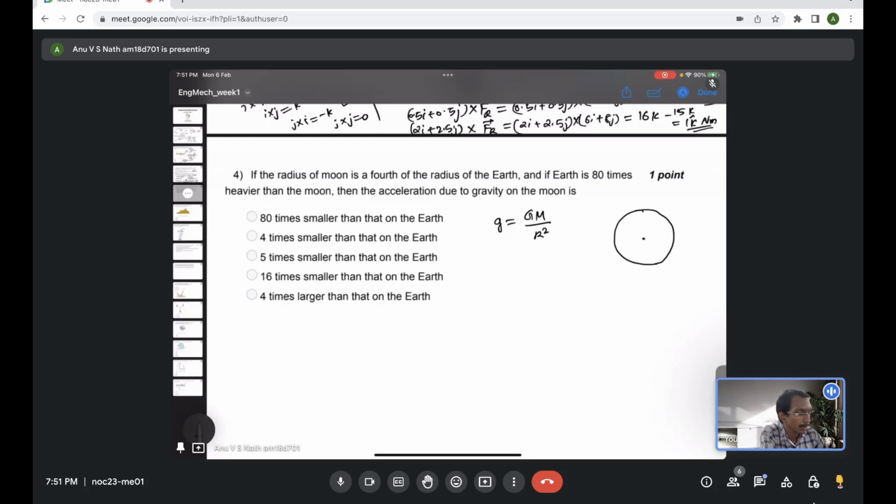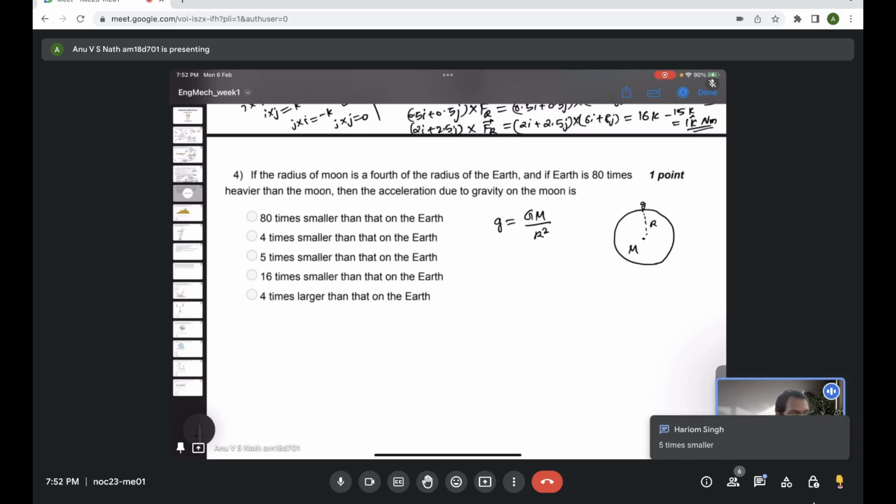On the surface of the planet, the gravitational field, let it be g, and the radius of the planet is R, and the mass of the planet is m. Then Gm by R square will give the intensity of gravitational field.